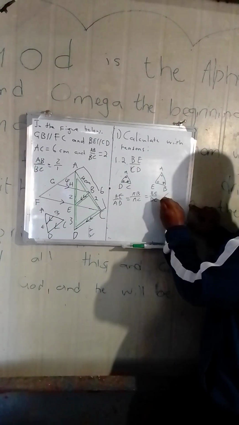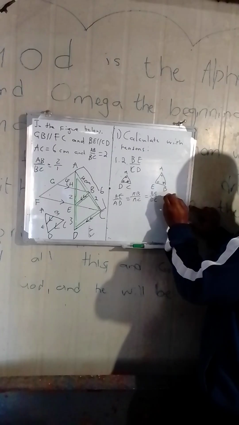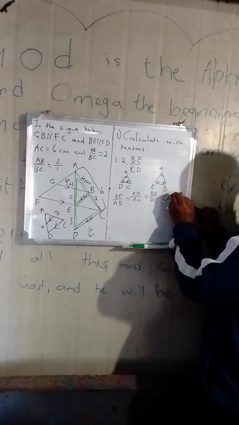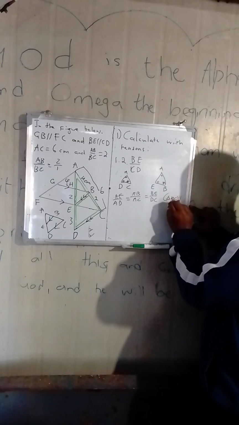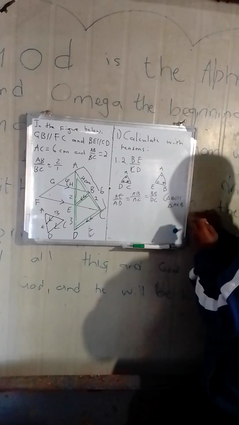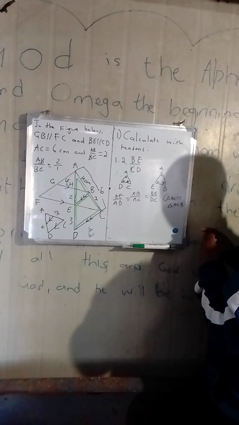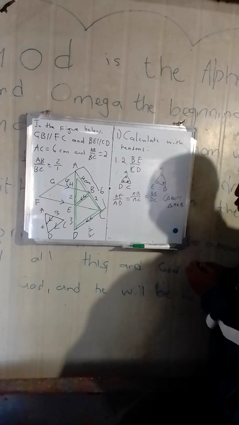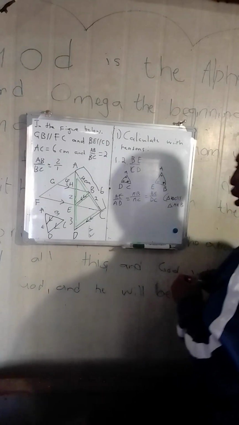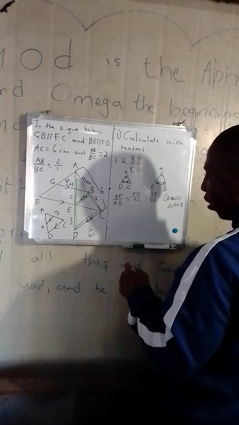The reason is because triangle ADC is similar to triangle AEB. So let's find what we have. How much is AE?